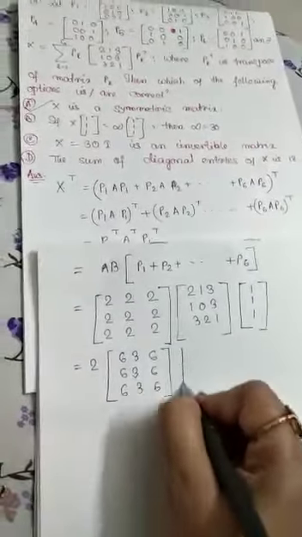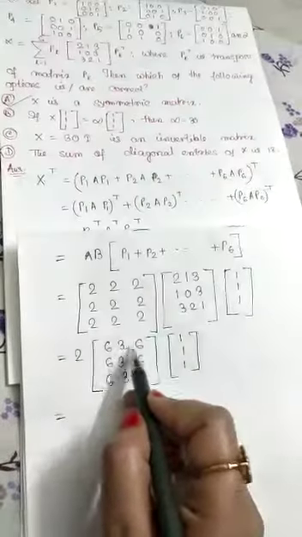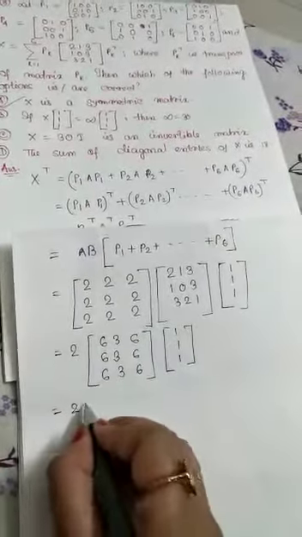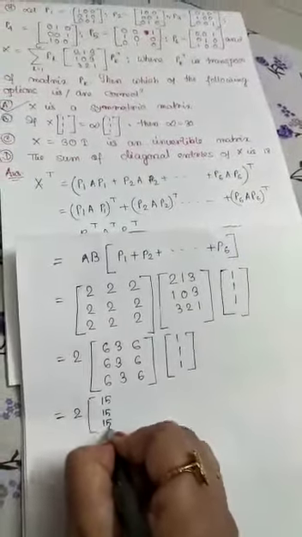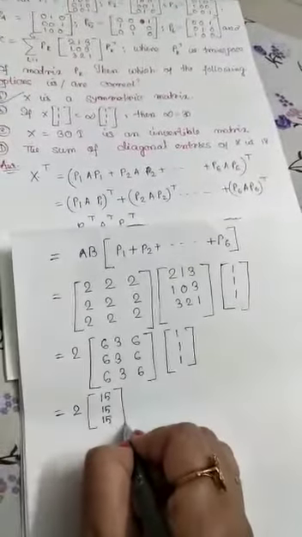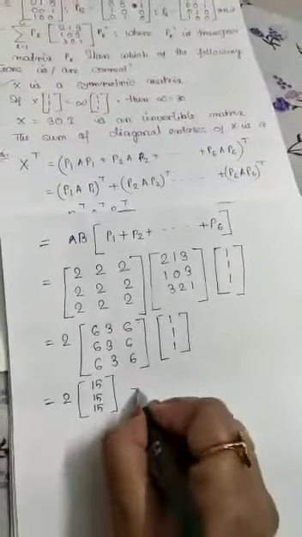Therefore, it becomes 6, 6 and 3. Adding this, we get 15. 2 into 15, 15, 15. Therefore, after taking 15 out, it becomes 15 into 1, 1, 1, and that is equal to 30 into 1, 1, 1.